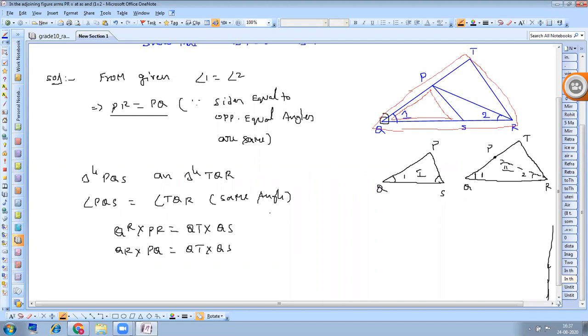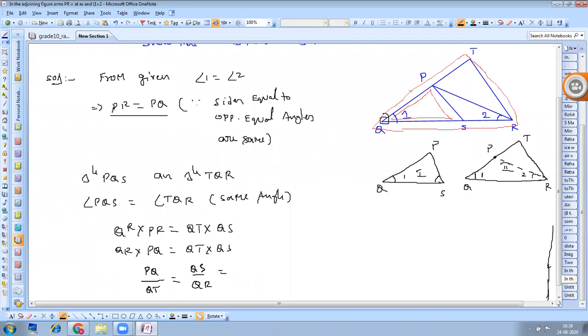But which ratio do I have to take? So PQ by QT will be equal to QS by QR.